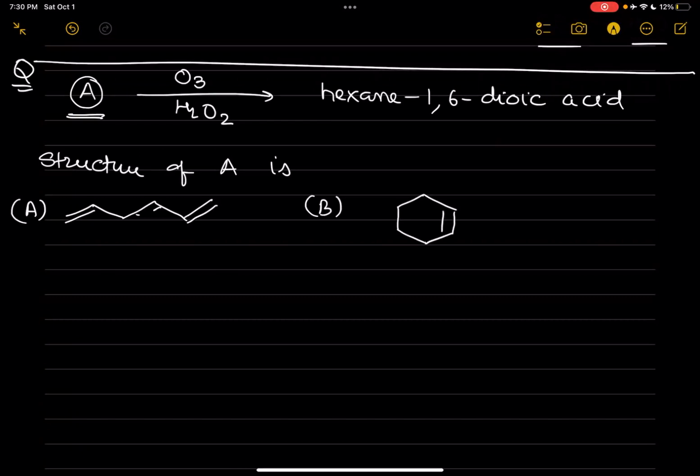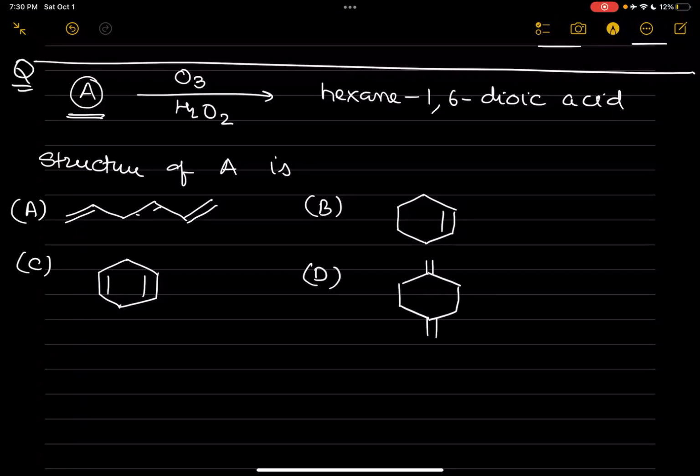Is it going to be this one? Or is it going to be this one? Yeah, Option B. Option B, right?